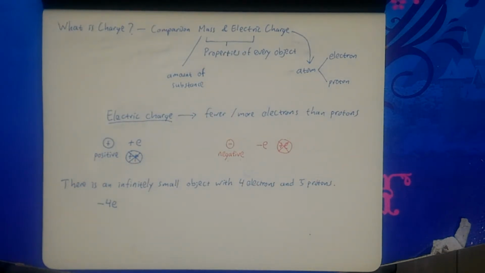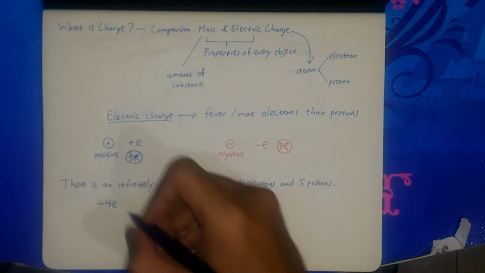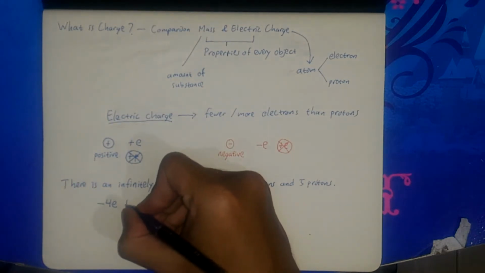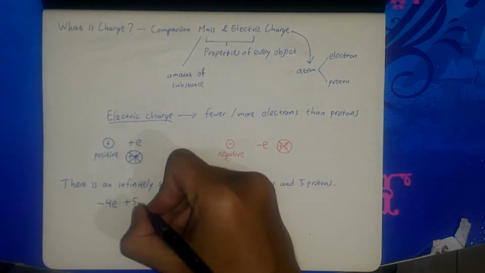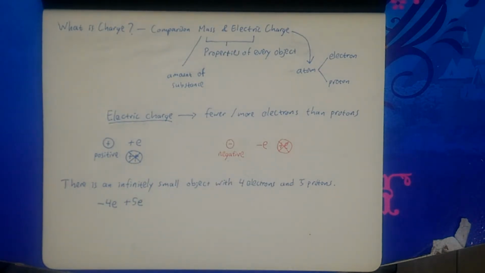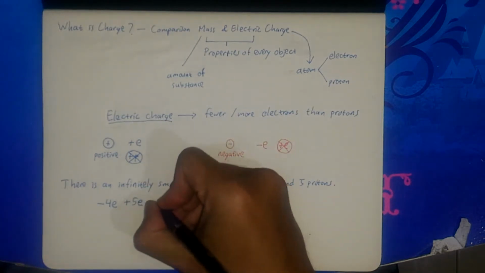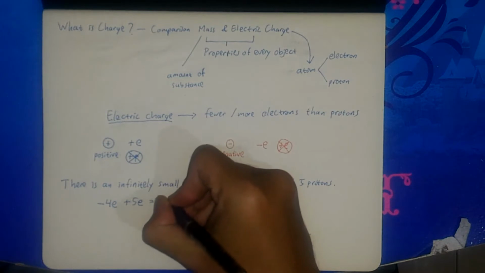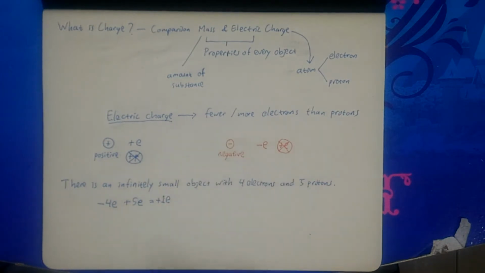Instead of writing it as positive 5p, I will write it as positive 5e. Since the charge is the difference in the amount of protons and electrons, the difference is negative 4e plus 5e, which equals positive 1e. So the charge of this object is positive 1e, or just positive e, that's okay too.